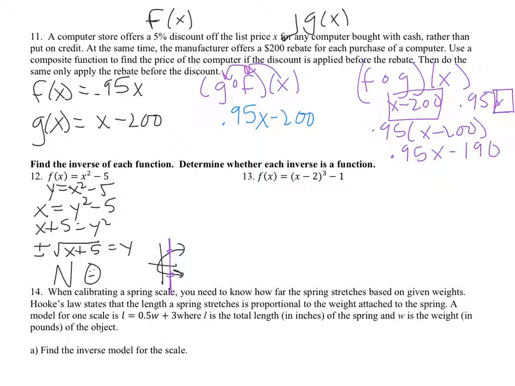Next one, same thing. This is my y value. So I can have my x is equal to y minus 2 cubed minus 1. So add over the 1 first. How to get rid of something cubed is the cubic root.